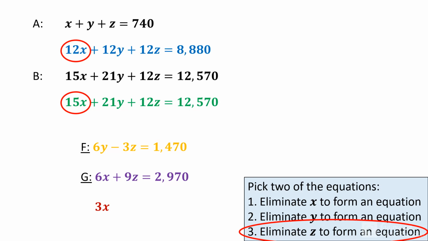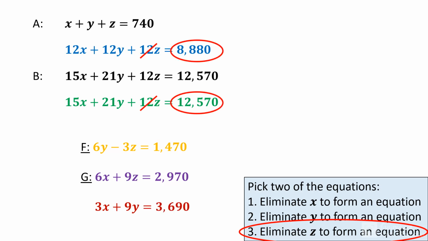So 15x, take away 12x, leaves 3x. 21y, take away 12y, leaves 9y. 12z's eliminate. And 12,570, take away 8,880, leaves us 3,690. And we're calling this equation H.